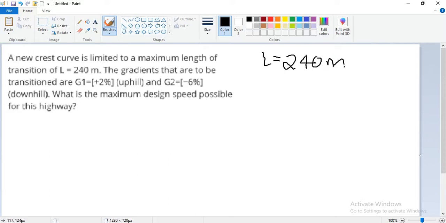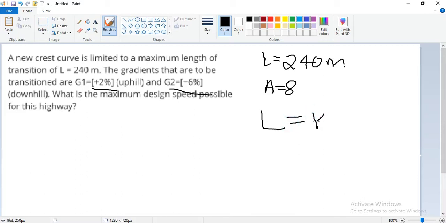The gradients that are to be transitioned are G1 and G2. So we can find A here. It will be 6 plus 2, which is 8. If we have the length, we can find the value of K.